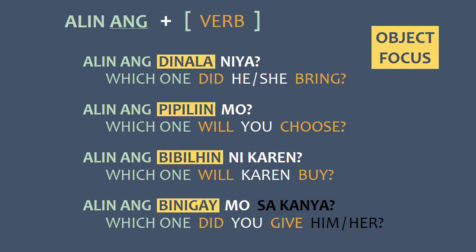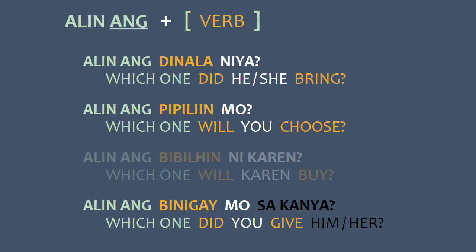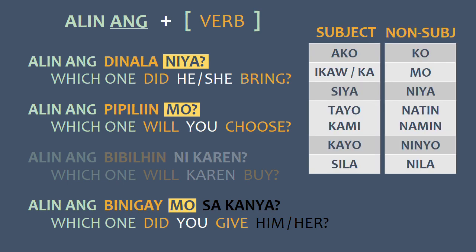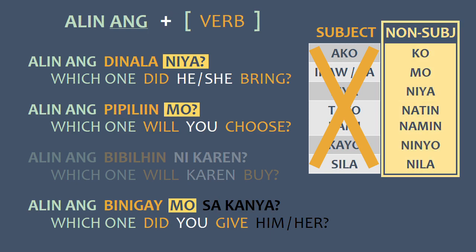Also, remember that when we are using object-focused verbs, the subject is not the actor. So for these three, where we used pronouns for the actors or doers of action, we didn't use subject pronouns. Instead, we used out of focus or non-subject.